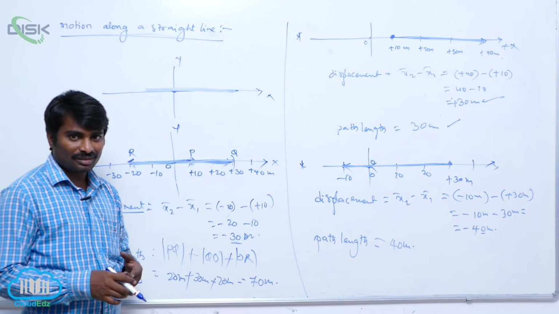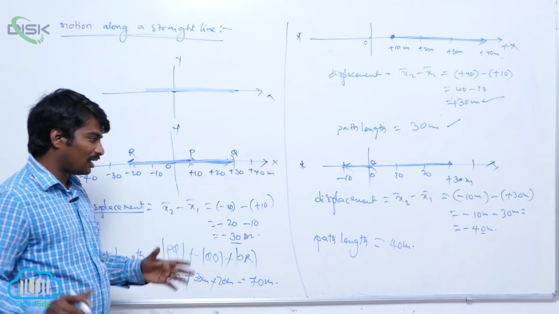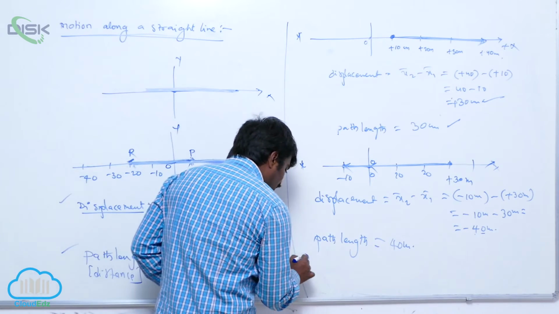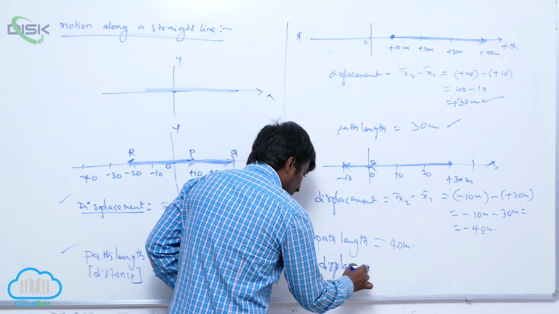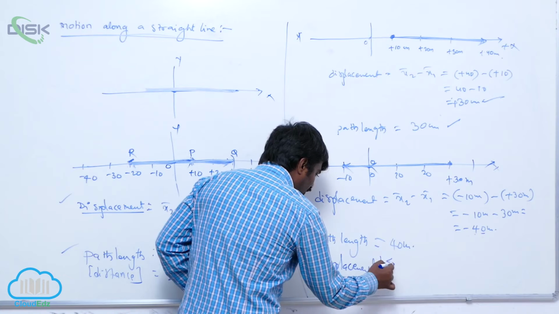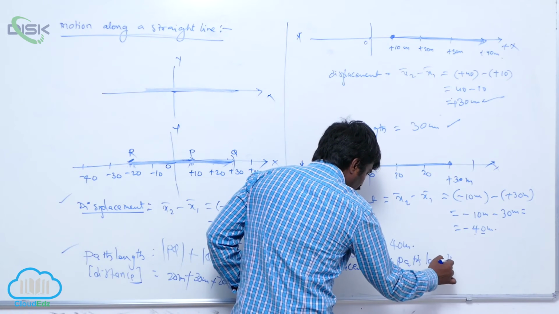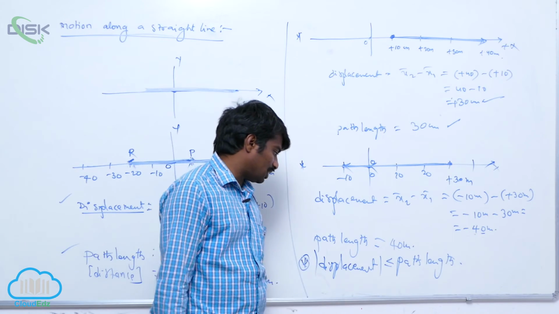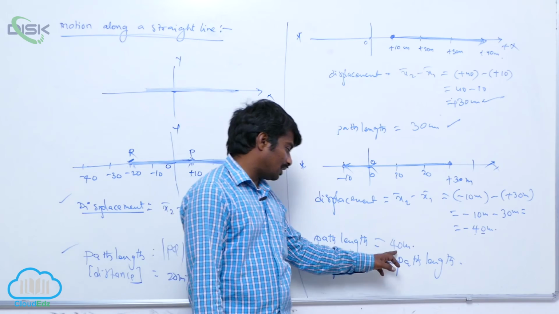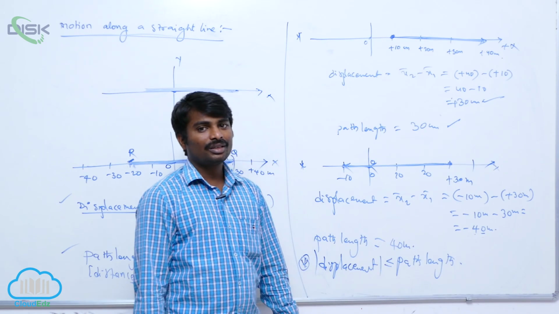If changes, magnitude of displacement is less than path length. Means in every case only one condition is fulfilled, that means displacement magnitude is less than or equal to path length. When we have to take equal to sign, when direction of motion does not change. When you have to take less than symbol, when direction of motion changes.